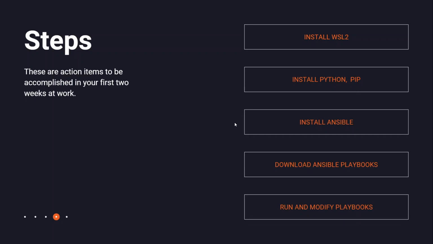If you're brand new to Ansible, you will need to build your machine, your systems, to run Ansible. Basically you can only run Ansible on a Linux or Unix-based system. One of the easiest options for most network geeks would be installing WSL2.